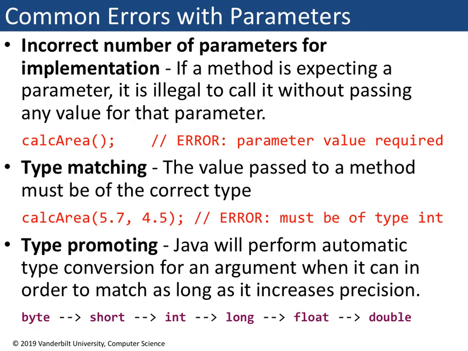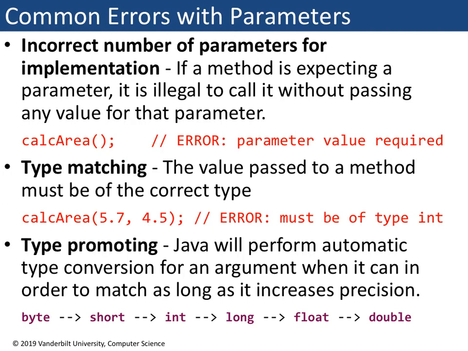The other issue that you are liable to run into is calling a method and supplying the wrong data type value. So when we supply an expression for each of the parameters which have been defined in the declaration for the method, if that expression evaluates to a data type that is incompatible with the declared data type for the parameter, it's the exact same as trying to assign a variable with the incorrect data type.